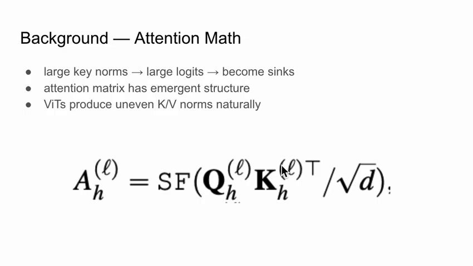Since softmax amplifies large values, this token will attract a huge amount of attention, even if its content is meaningless. This means attention has a built-in tendency to form dominant directions wherever the key norms are uneven. This is the foundation behind massive tokens.